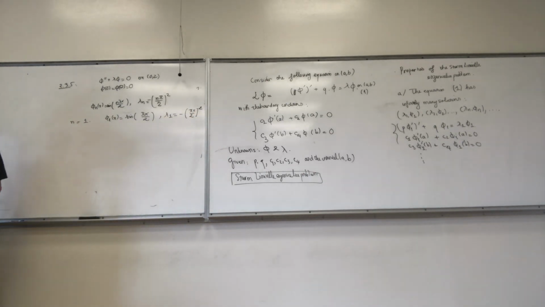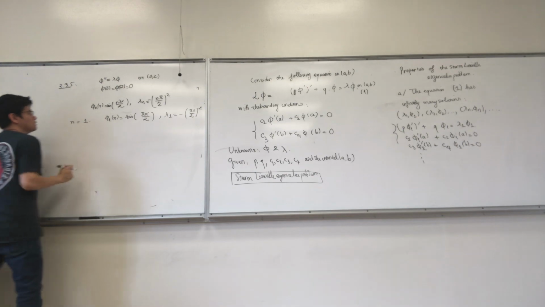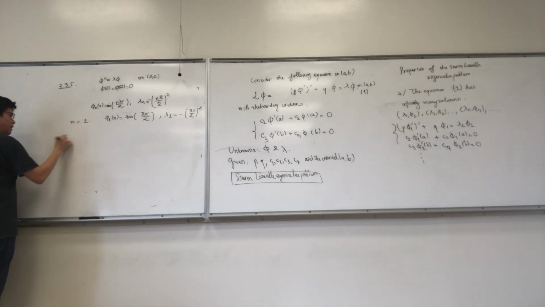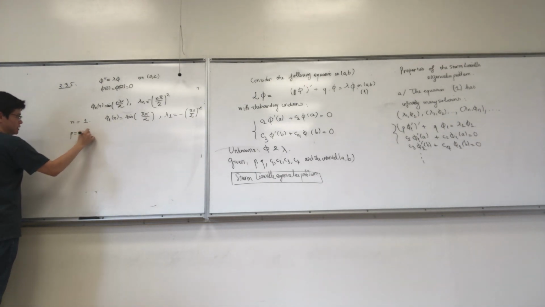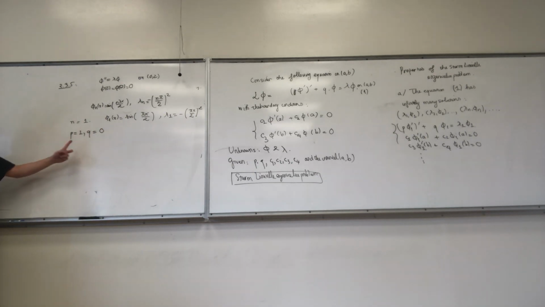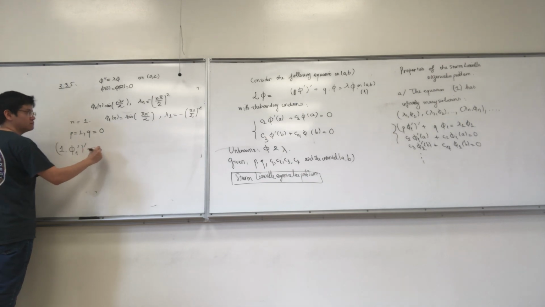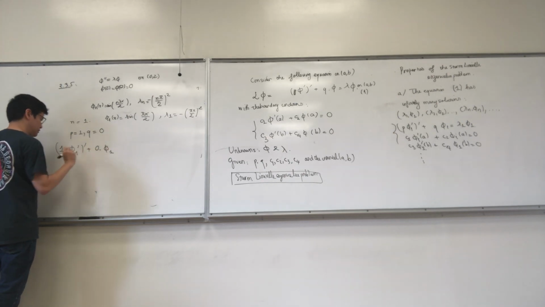So in this case, you have p is 1 and q is 0, as in the previous discussion. So you're going to have 1 times phi 1 double prime plus 0 times phi 1.